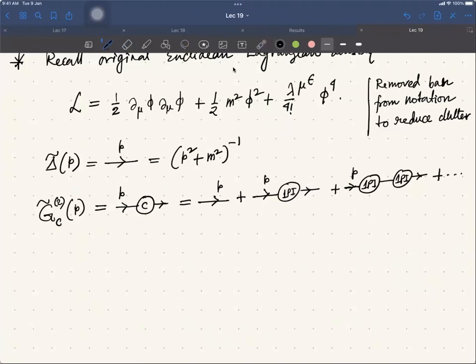If you call this 2-point 1PI vertex omega square, then after summing the GP series, the expression that we got is p square plus m square minus omega square of p.